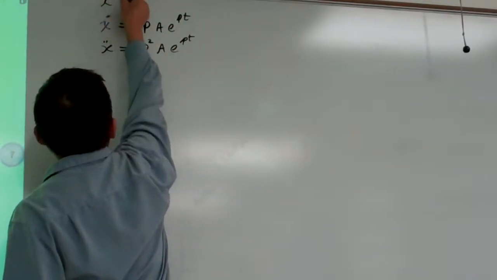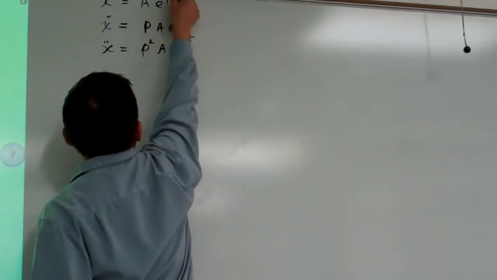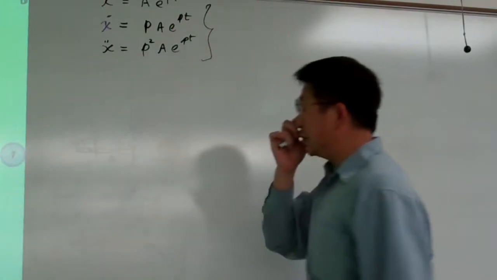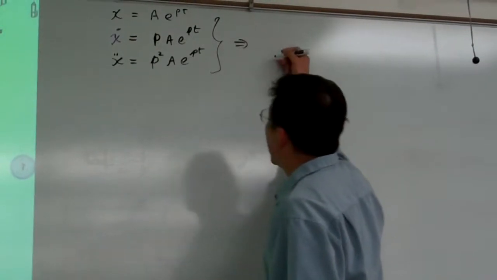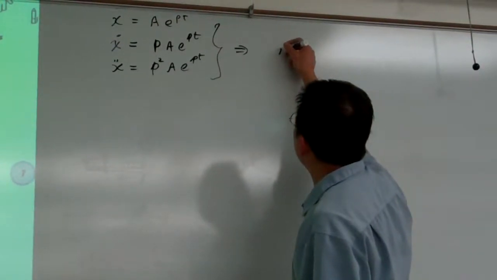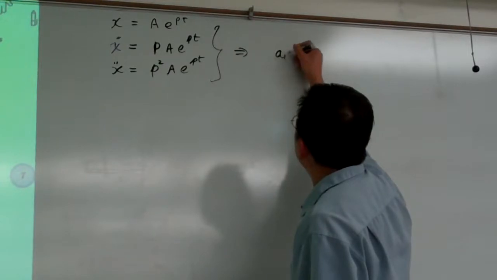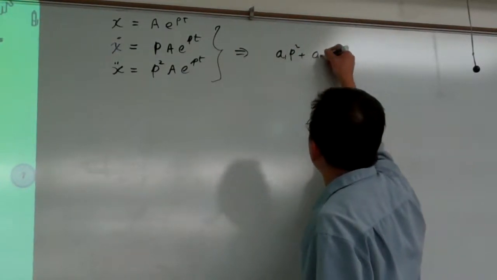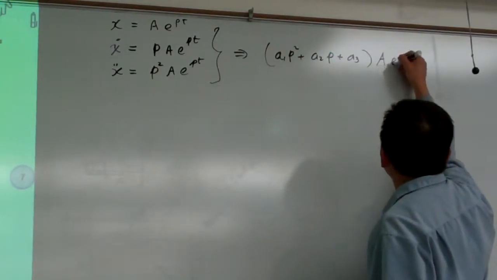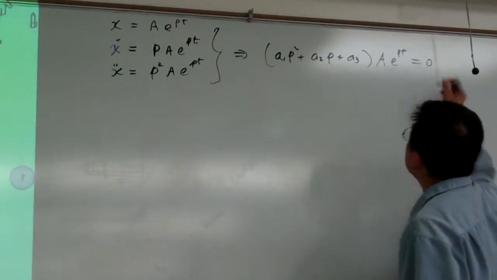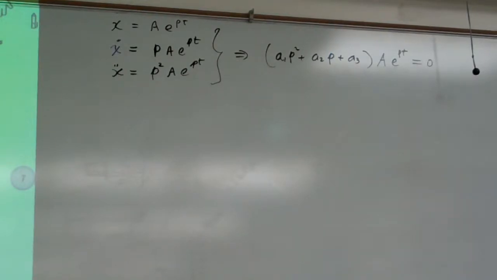Together with the assumed form, we introduce the three terms back into our equation of motion. After you introduce those, you find A1 P squared plus A2 P plus A3, times A e^(Pt), equals 0.